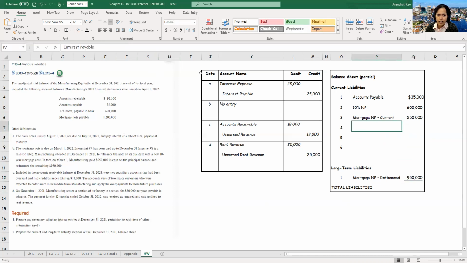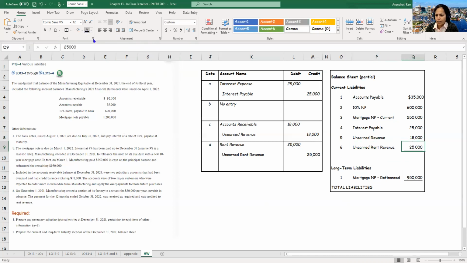Okay. Continuing on, I have interest payable, that's 25,000. I have unearned revenues, and that number is 18,000. And I have unearned rent revenues, and that is 25,000, giving me total current liabilities of 953,000.